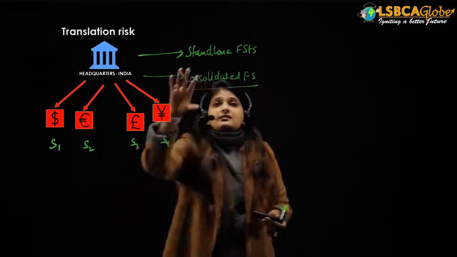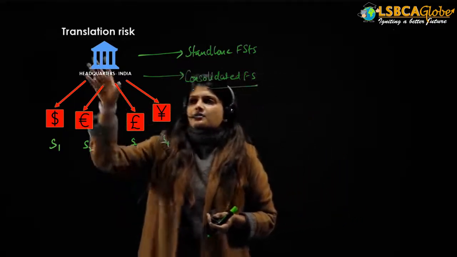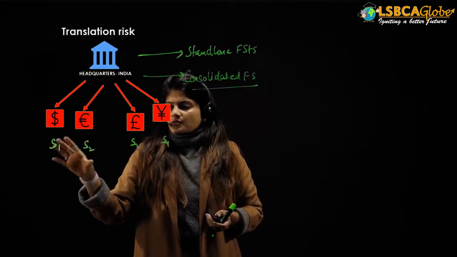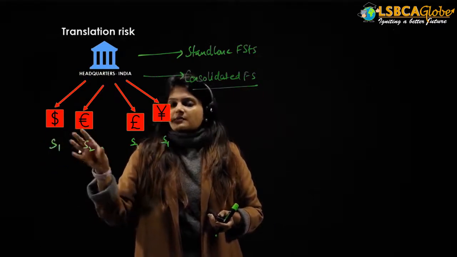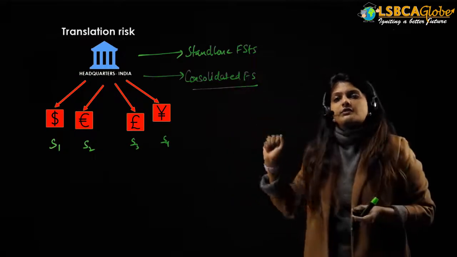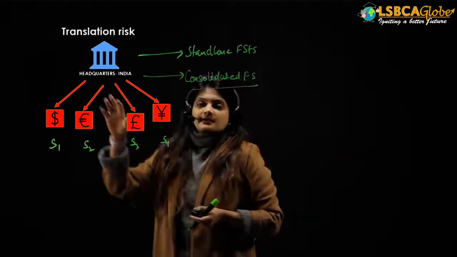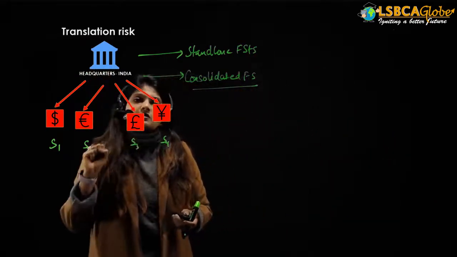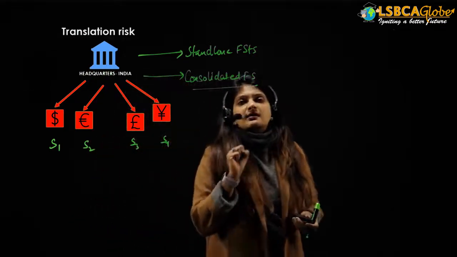When preparing the consolidated financial statement, the headquarter will also refer to the financials of the different subsidiaries and ultimately consolidate the results of different subsidiaries and the head office itself to present the financial position and the performance of the group as a whole.